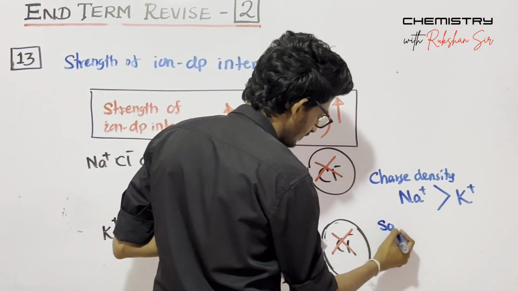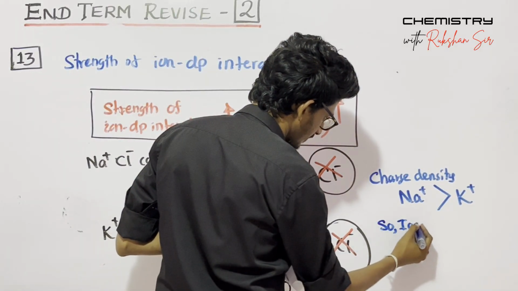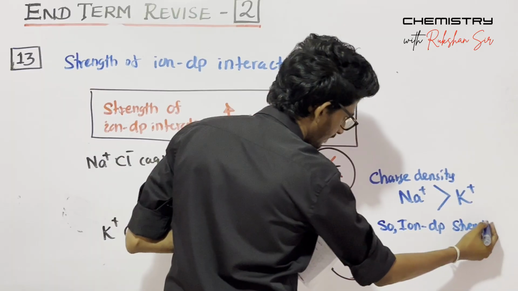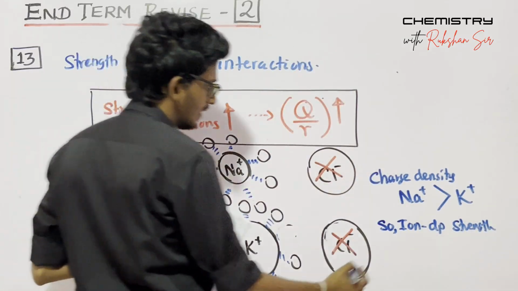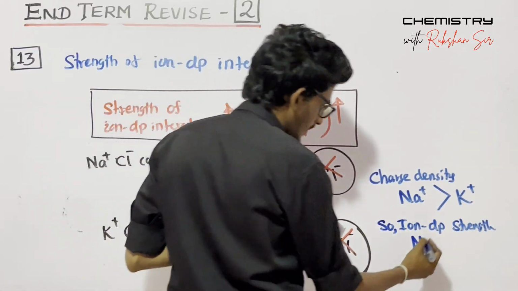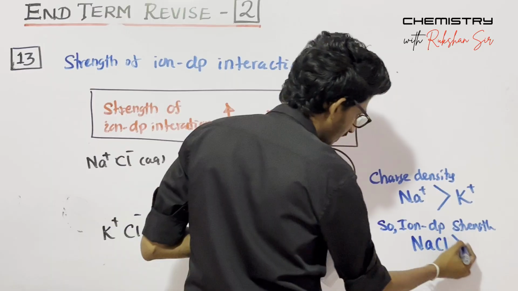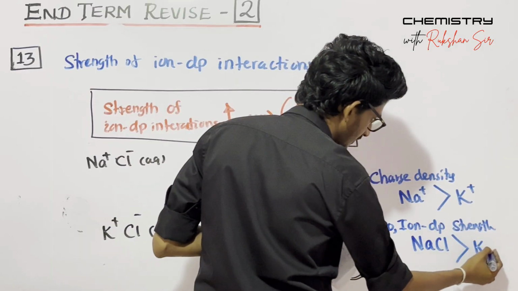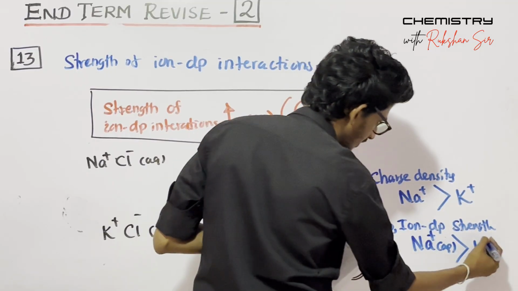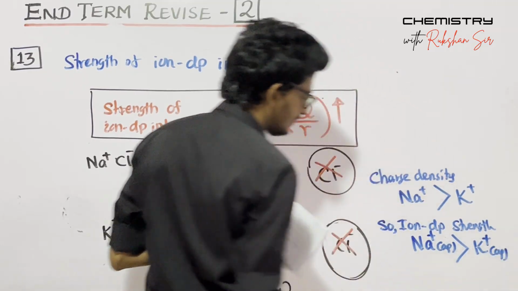So when it comes to ion dipole strength, NaCl has a greater ion dipole interaction strength than KCl. One can see Na plus aqueous has a greater ion dipole strength than K plus aqueous.